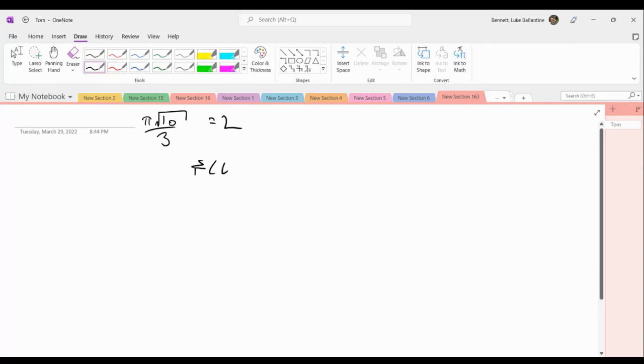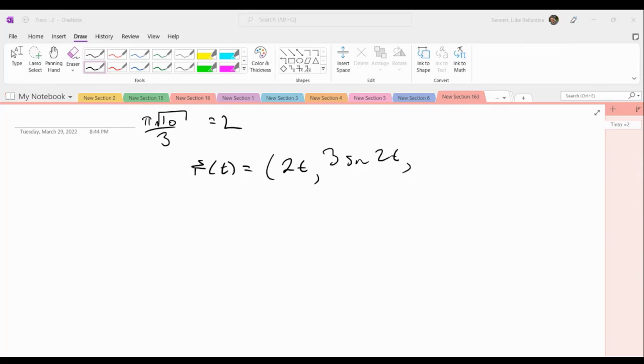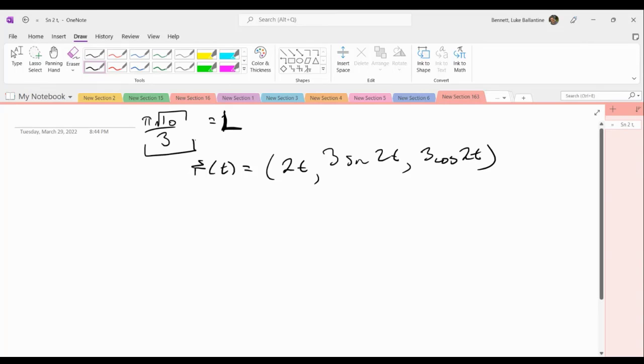So we traveled along a curve, r of t, which is this curve, (2t, 3 sine 2t, 3 cosine 2t). So this is L, the length, and we want to know what time it took us to travel this.